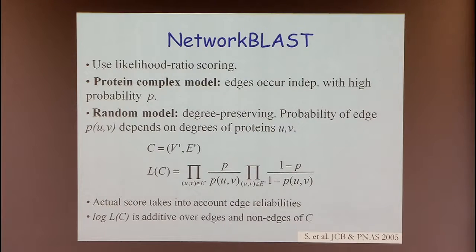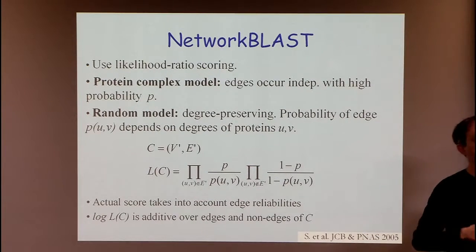The other comment is that this score is very useful in the sense that it can be efficiently computed for a graph because it decomposes over the edges and the non-edges of the graph. If you take a log, then you have a sum over all edges of something and a sum over all non-edges of something else, and you can put those weights on the edges and non-edges of the graph, and suddenly you have something that you can efficiently compute.